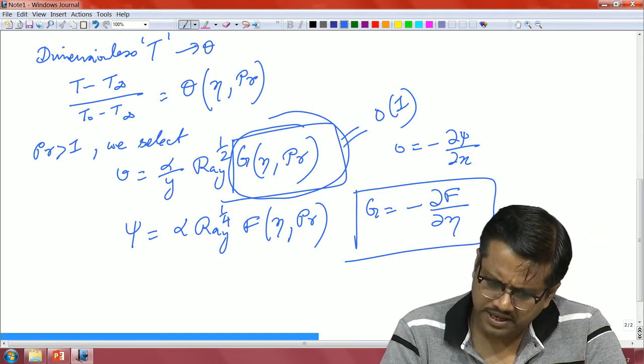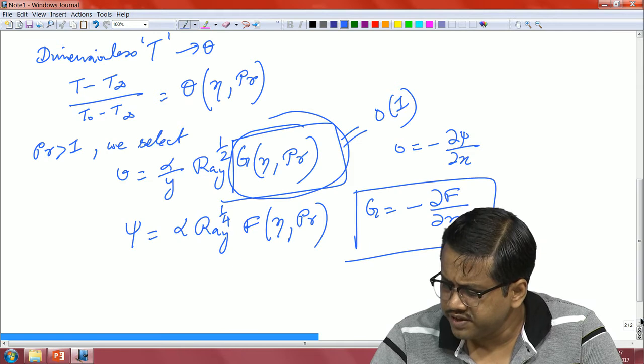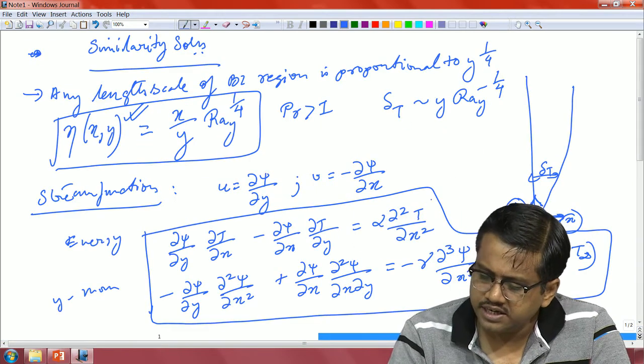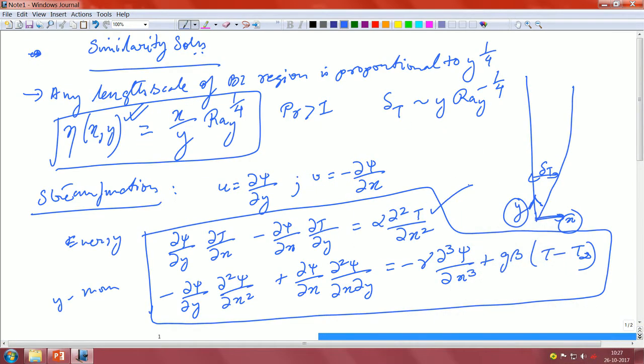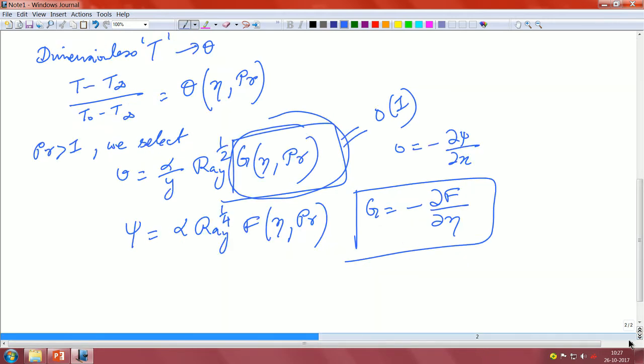Now, what is remaining? If you look at the previous expression here, everything is in terms of t and psi, right. Everything is in terms of psi or it is in terms of t. So, it essentially means in this particular expression what we have done, we have cast it in terms of theta, t has been cast in terms of theta, and psi has been cast in terms of Rayleigh number and the function f, that is all.